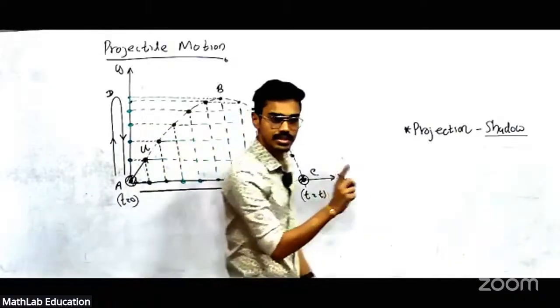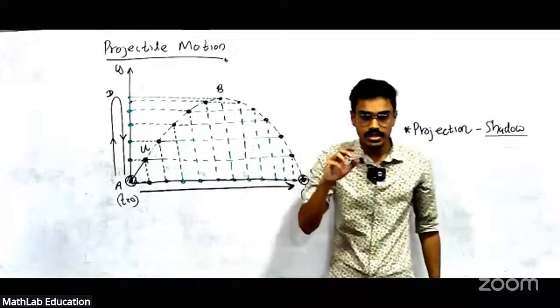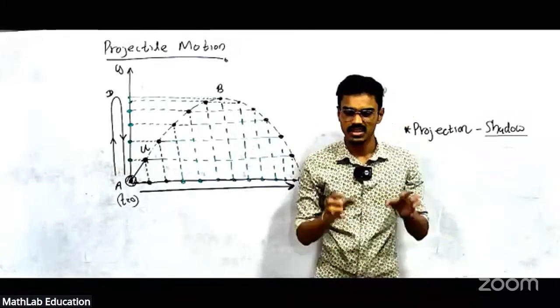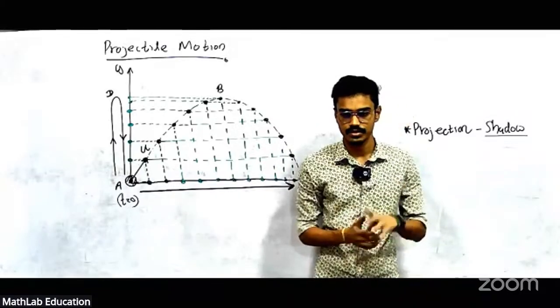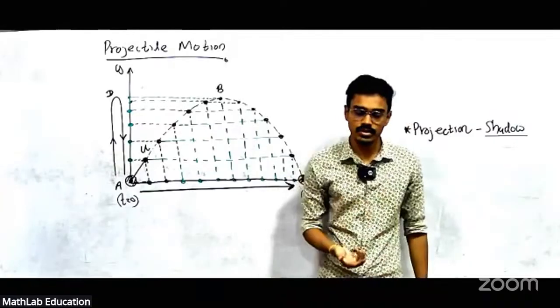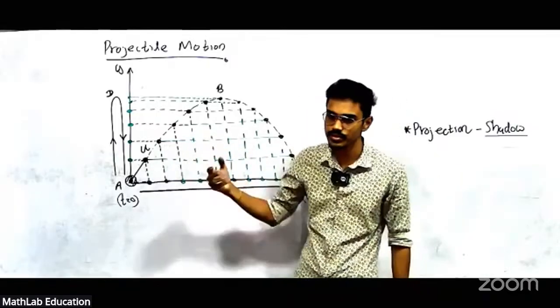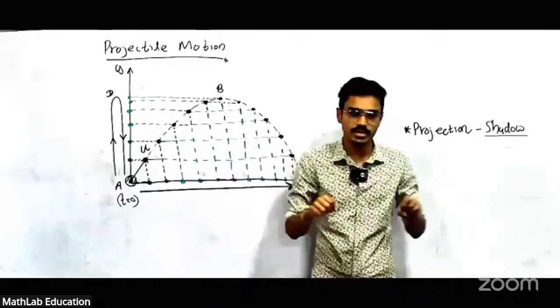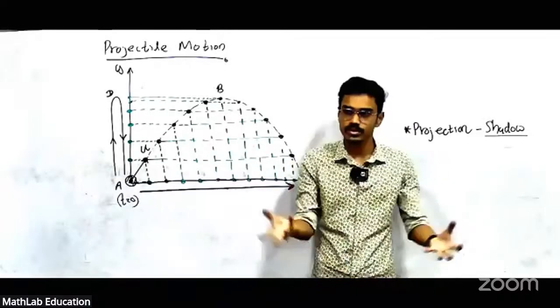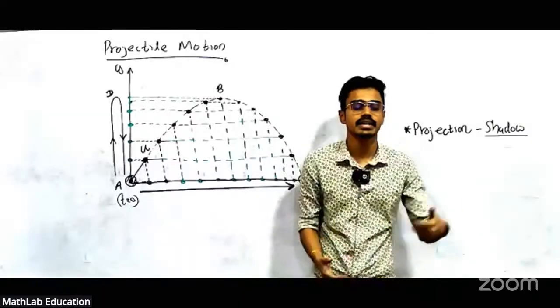So the first idea we can take from this is, projectile motion is a combination of two linear motions. Once I take these vertical and horizontal shadows, what I see is these two linear motions. When both these motions happen together, it undergoes a parabolic path.